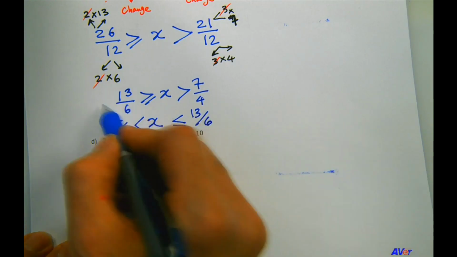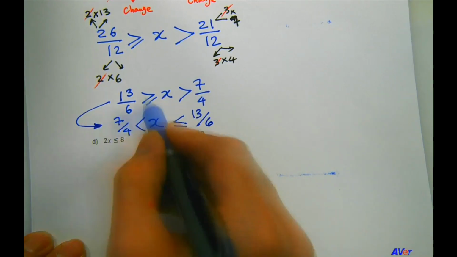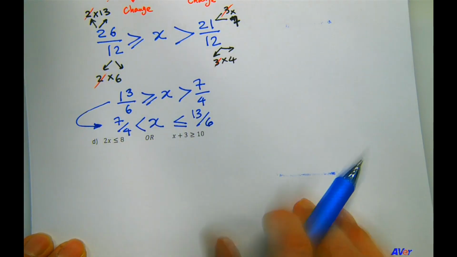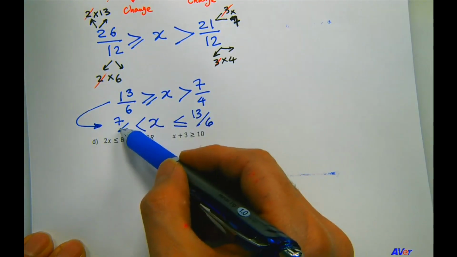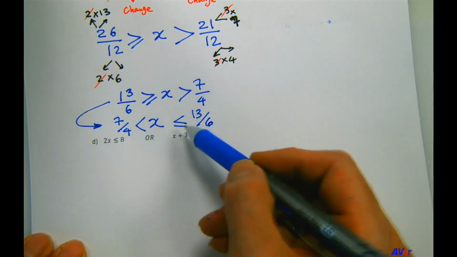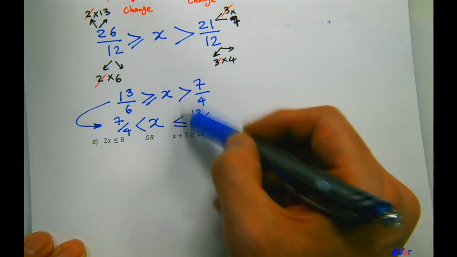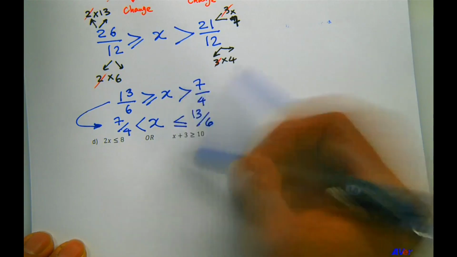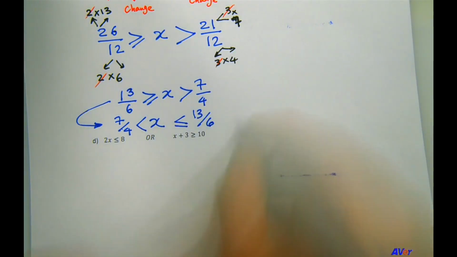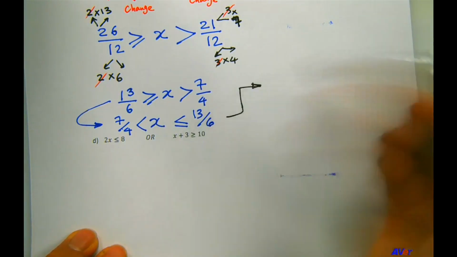This is just a rewritten form of what you see above, so that the smaller number is on the left and the larger number is on the right. That's the only reason I rewrote it like this. These two have the same interpretation. They're the same thing.